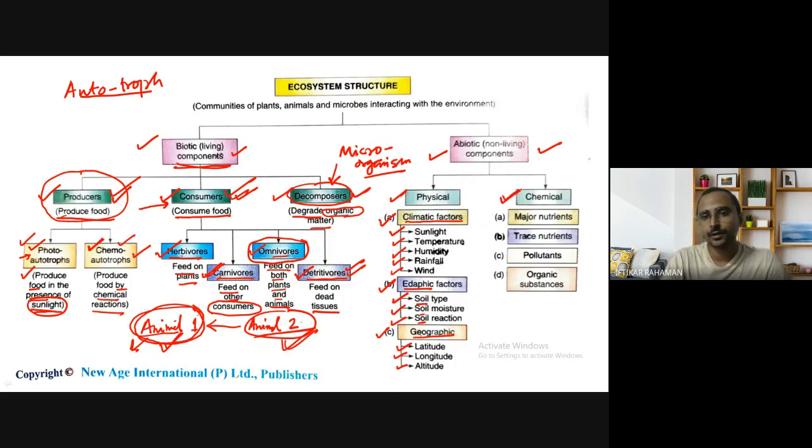Next, chemical abiotic component. What categories are further present in it?